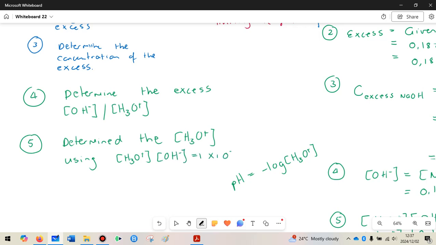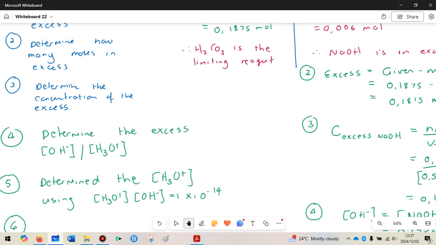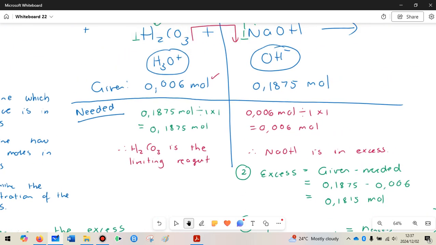Okay, and although this is steps to solve a question like this, they could obviously ask the question slightly differently, and then we have to approach the question differently. But if you get something like this and you've given enough information to work out the moles of both the acid and the base, then you're probably going to have a very similar sort of scenario like this, where why would they give you the moles for both?